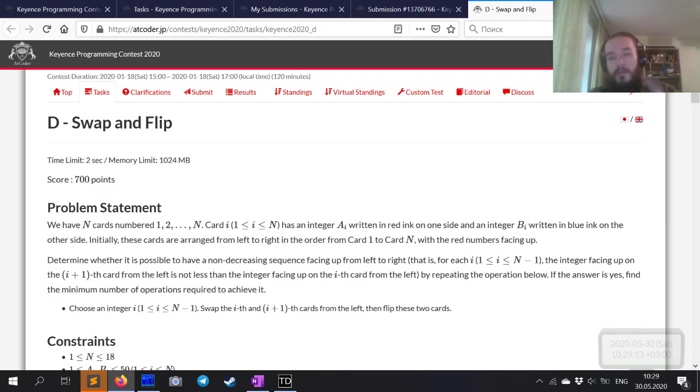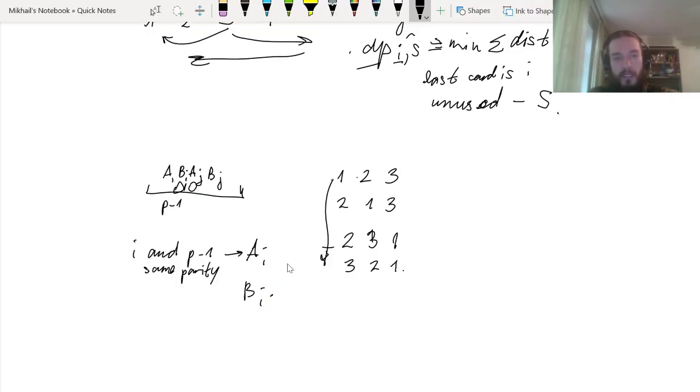Maybe, yes, actually, maybe our initial idea with the number of inversions worked. Yes, see, this has 3 inversions and this has 0 inversions. So the answer is, in fact, 3.